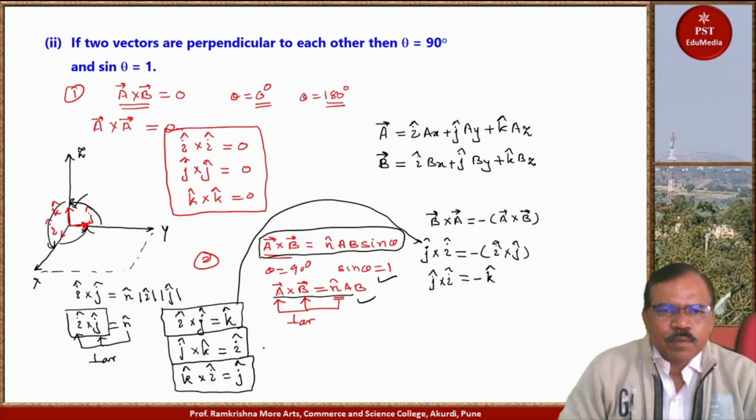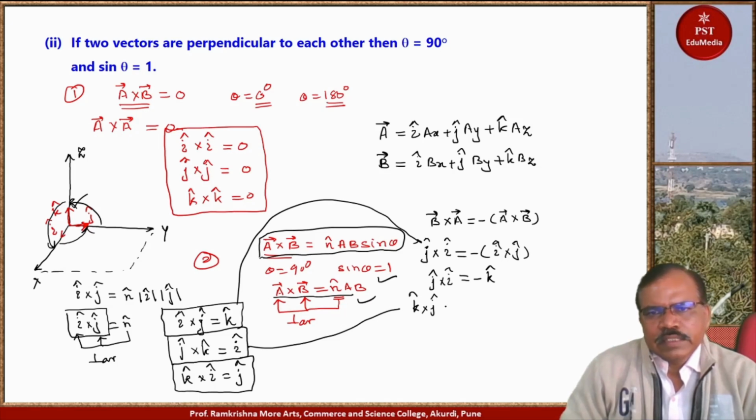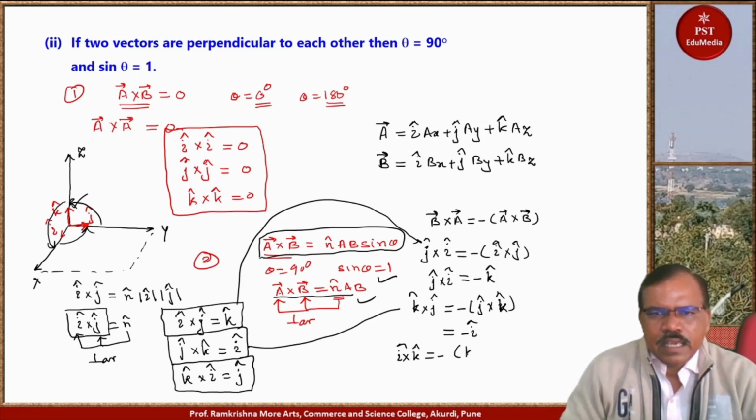Now you can take K cross J. K cross J is what? Minus J cross K, and we know J cross K is I, so it is minus I. And if we take I cross K, it is equal to minus K cross I, and this is equal to minus j.